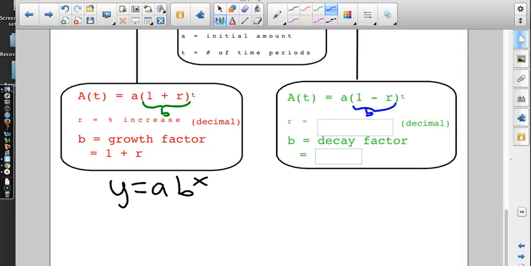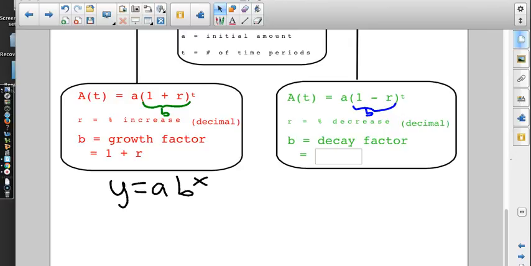Again, that is b, right there. So if I have 1 and I subtract my 2 decimal percentage, well, I really do get a fraction between 0 and 1. It's going to be a decimal, but it's a fraction between 0 and 1. So what I use there for R is my percent decrease. If they say, you know what, you can write off your computer, the new tax laws say 20% every year.